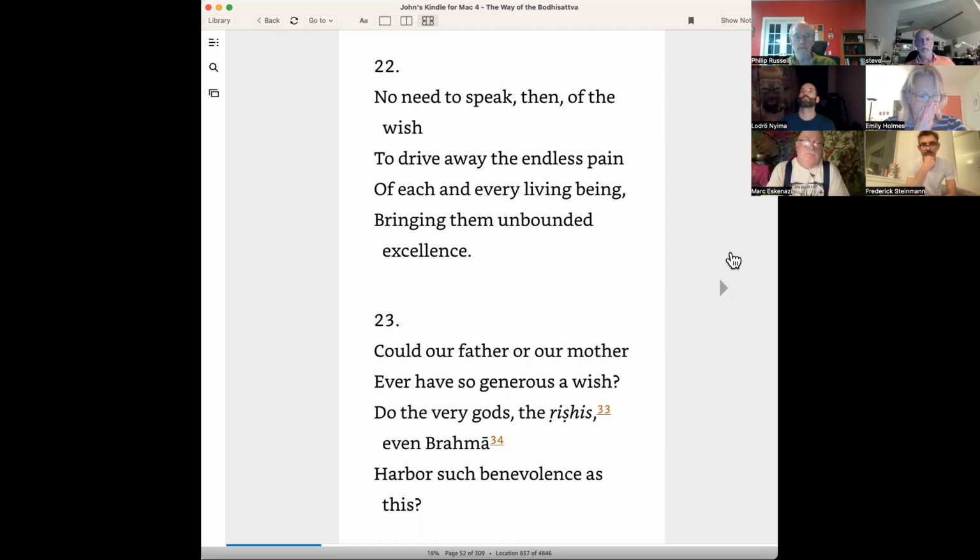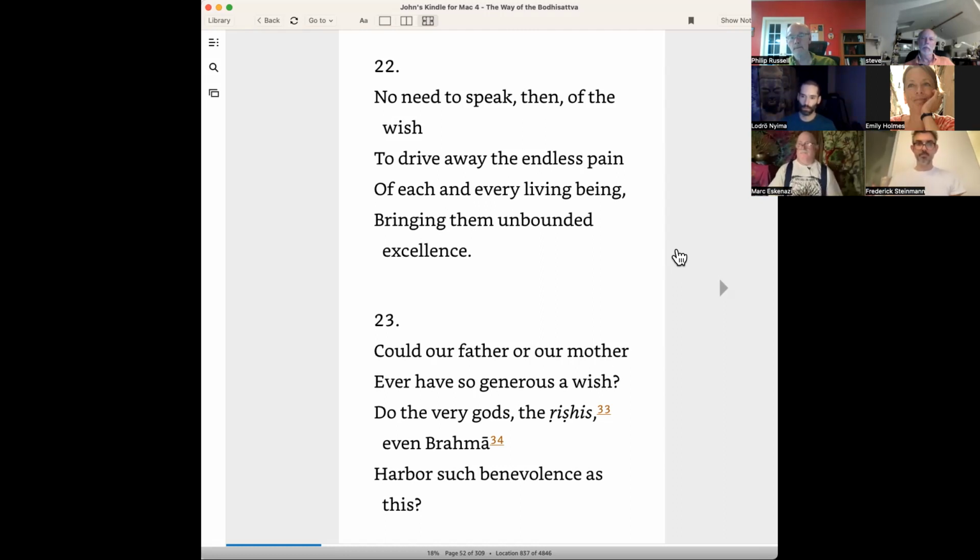So you can do good acts. You know, you can deliver food to the poor. You can tend to the sick. And all of that is wonderful, creates merit for you and for others. But it says, no need to speak then of the wish to drive away the endless pain of each and every living being, bringing them unbounded excellence.